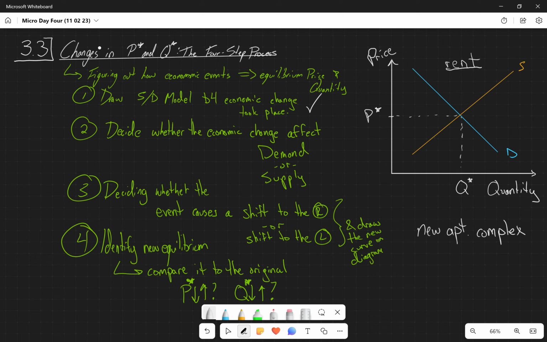It's currently being built, but let's say it's opening in Chadron. So the first thing we have to do is figure out whether this economic change is going to affect the demand or the supply.